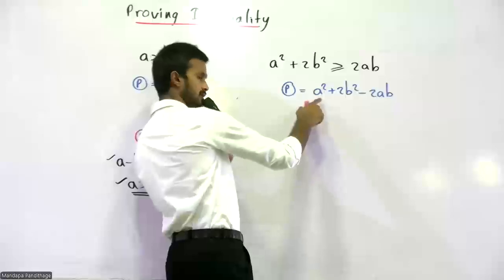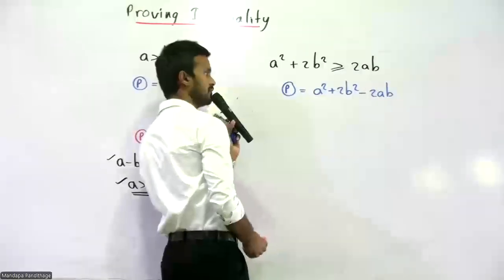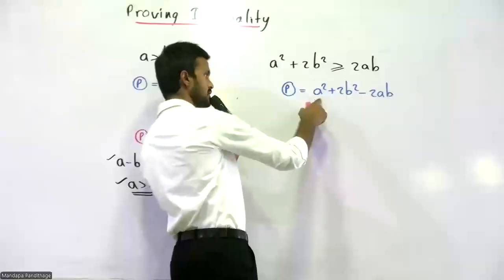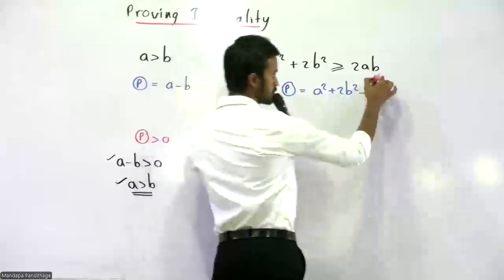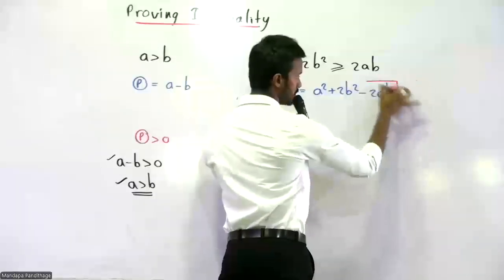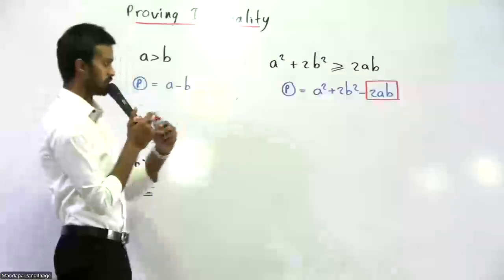What restricts us from saying that this entire expression is positive is this minus 2AB term, because I can't say that this is positive. So what did we do?